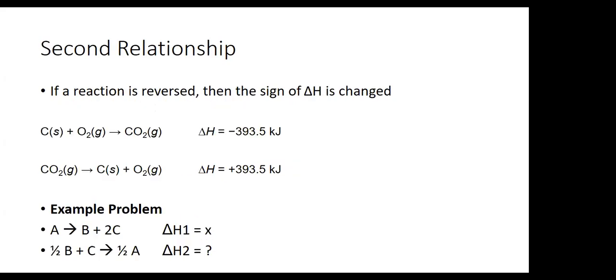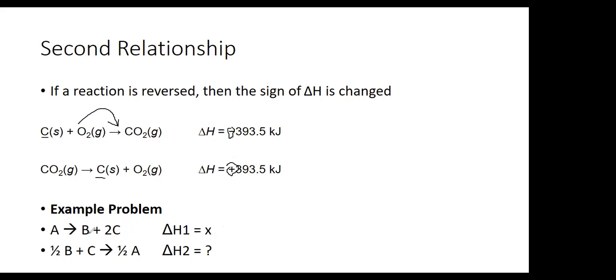And our second relationship is if I reverse the reaction, that is, here carbon is a reactant. If I just switch all the reactants and the products, now carbon's a product. What happens is that the sign of delta H is switched, right? So carbon plus oxygen to CO2, that's a negative value. Well, CO2 breaking down to carbon and oxygen is a positive value. So if we look at my example again, A goes to B plus 2C.